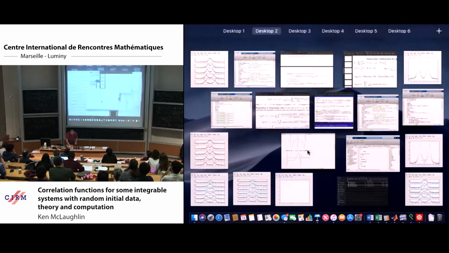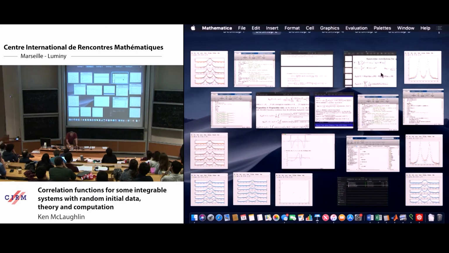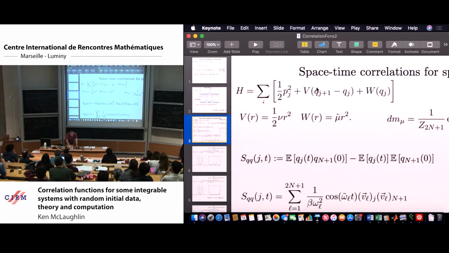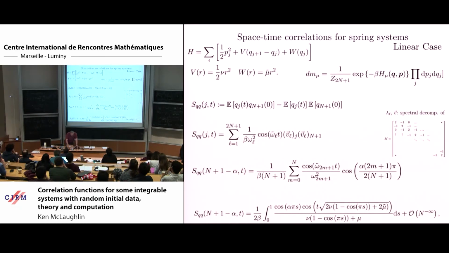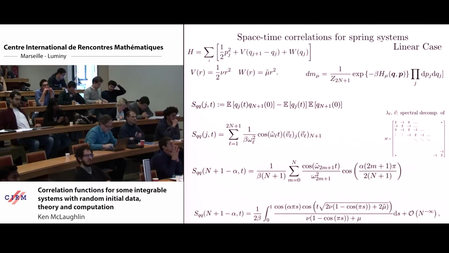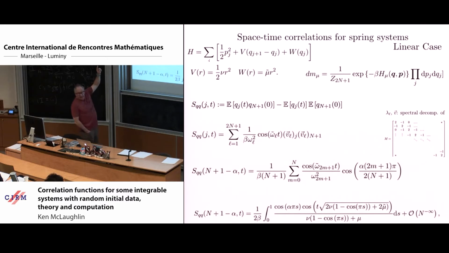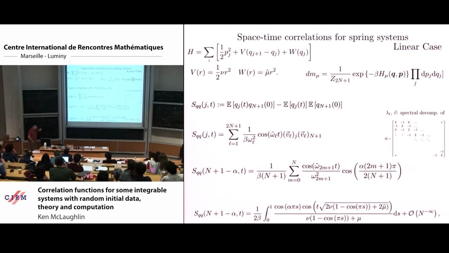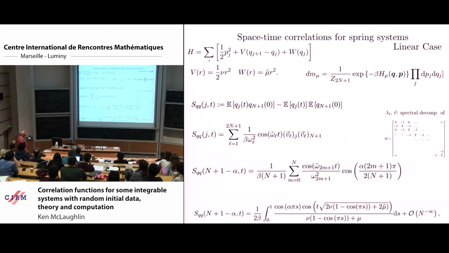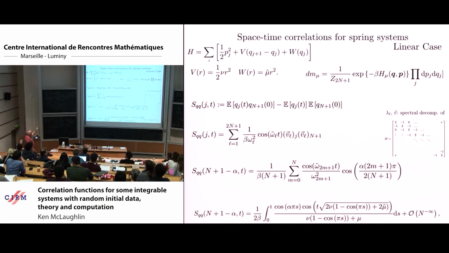Let me find the... So there are parameter games to be played, and maybe, is it up there? Yeah. I skipped this earlier because I thought it would be better to come back and say it now, but there's a mu tilde and a mu up there on the screen.